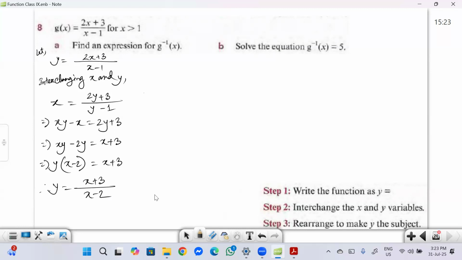Got it? So that would be our inverse function. So we can write that g inverse x is x plus 3 by x minus 2. Sorry, it's not f, it's basically g inverse x.